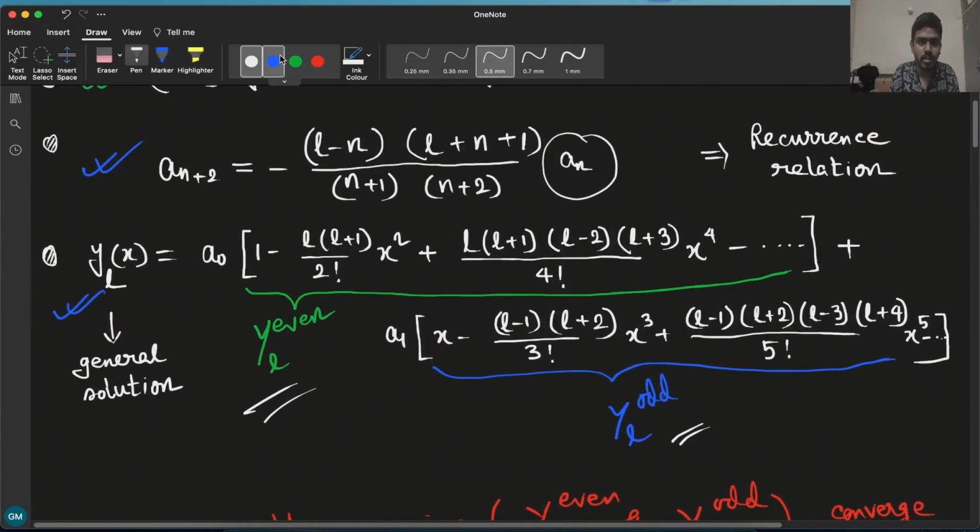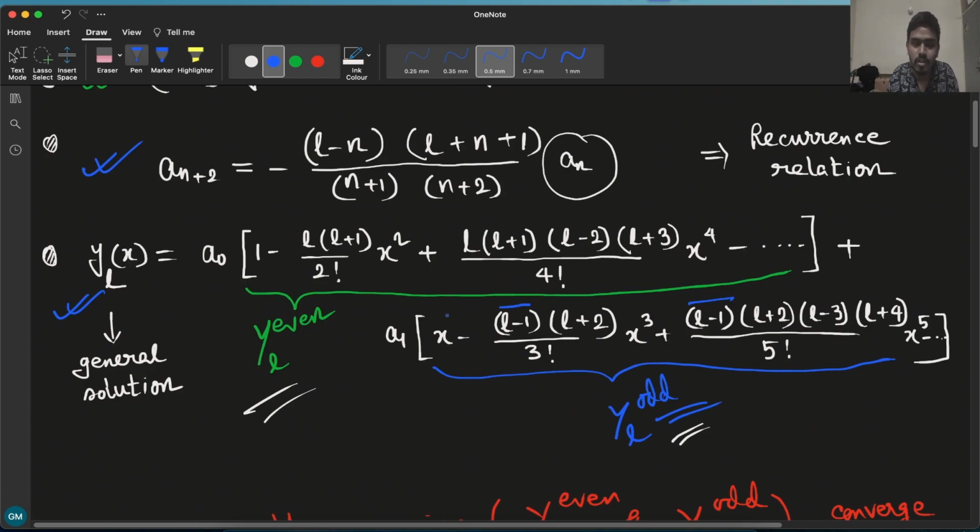So now if you look at this odd series, here you can see there is an L minus 1 term, and here also there is an L minus 1 term, and if you follow the pattern, for all the higher order terms of this odd series there will be an L minus 1 term, right? And now if I put L equals 1, those terms will be 0. So it is not a power series anymore, it's now a polynomial. We are truncating the series basically.